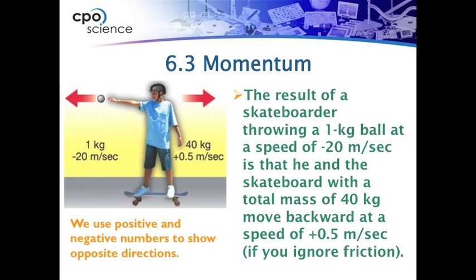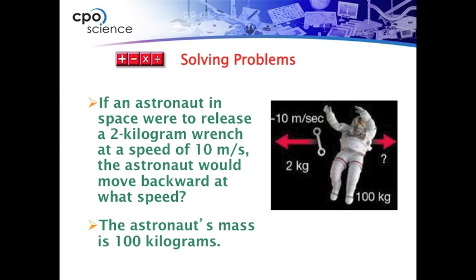The boy, 40 kilograms times 0.5, has a momentum of positive 20 kilogram meters per second. Adding those together, negative 20 plus 20, gives us a total momentum after of 0. Conservation of momentum. So the law of conservation of momentum says total momentum before, object 1 plus object 2, equals total momentum after, object 1 plus object 2.